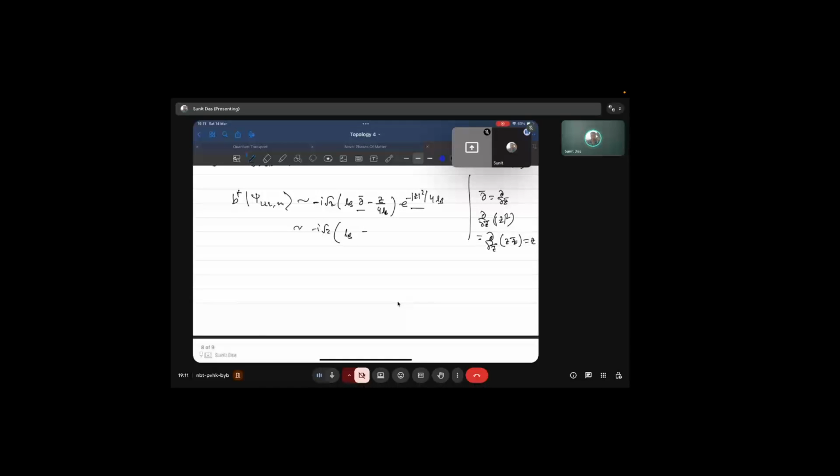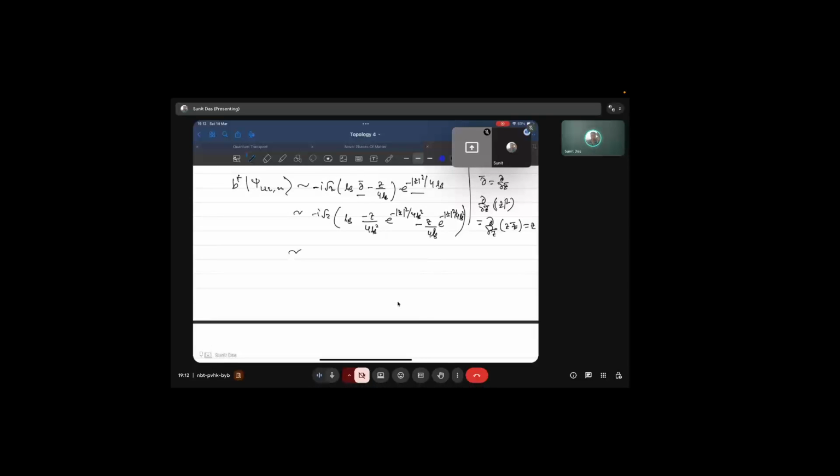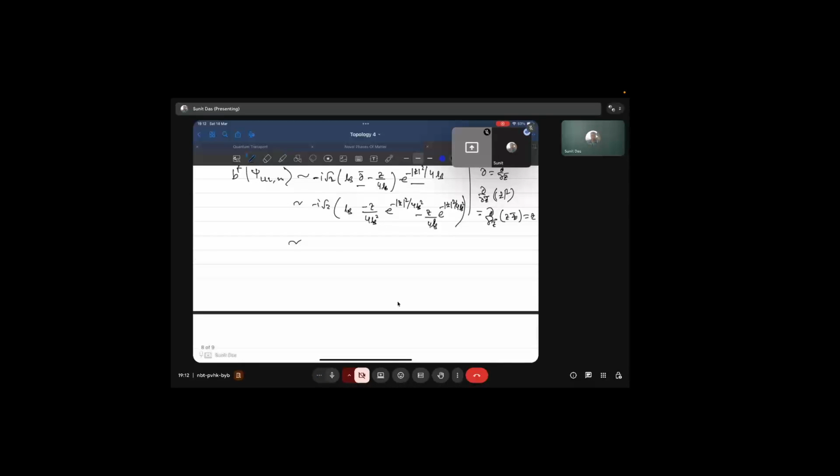So if you do this, we'll have z by 4 lB square and e to the power the same thing, minus z square by 4 lB square, minus z by 4 lB. So this will be roughly proportional to z by 4 lB e to the power minus.